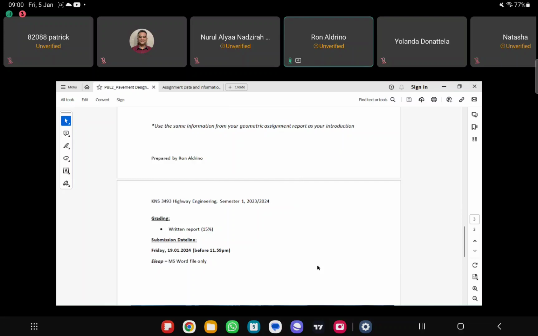Try to put your group number in the file name, group number underscore, never mind, later I will put it in the edit. It's only a Word file and only one person submits. No need to have each and every team member submit.